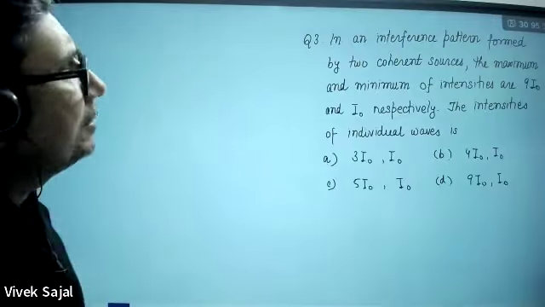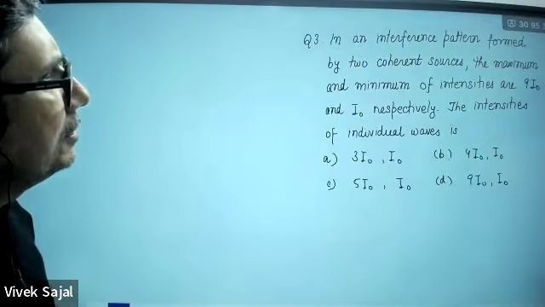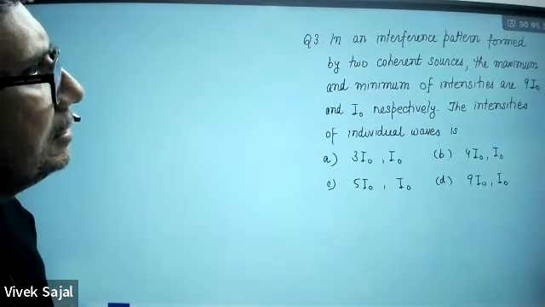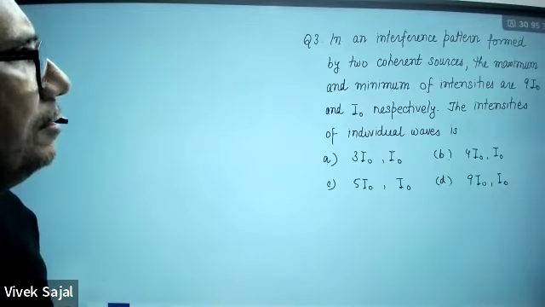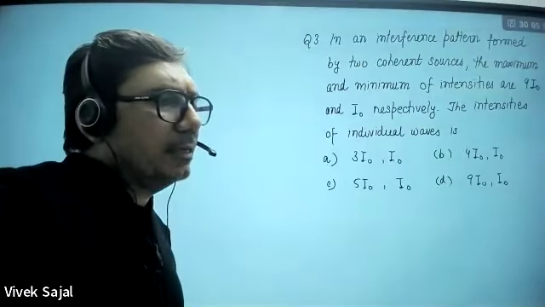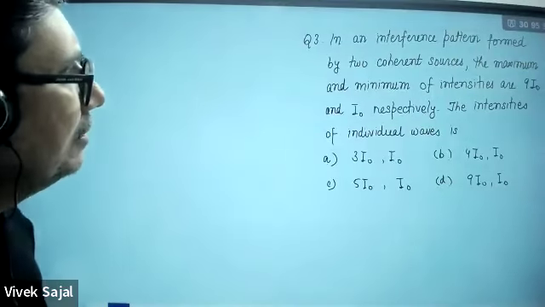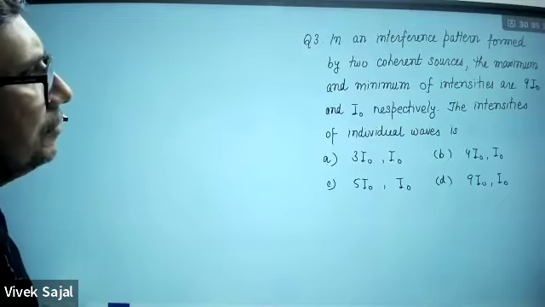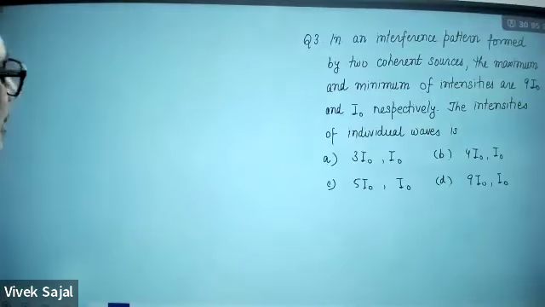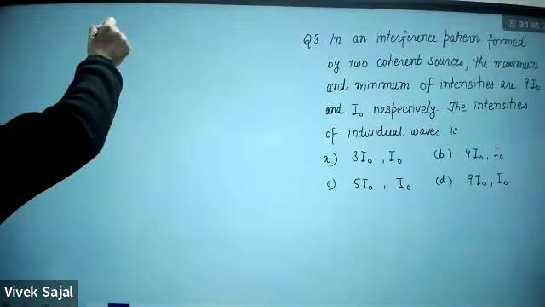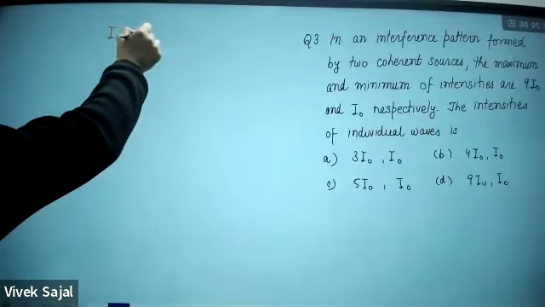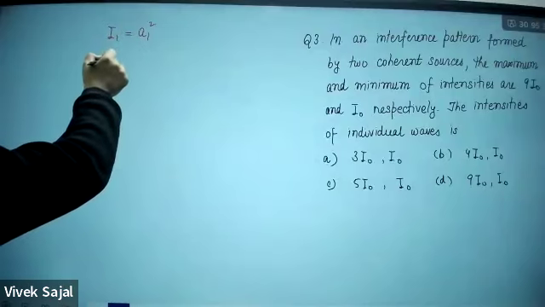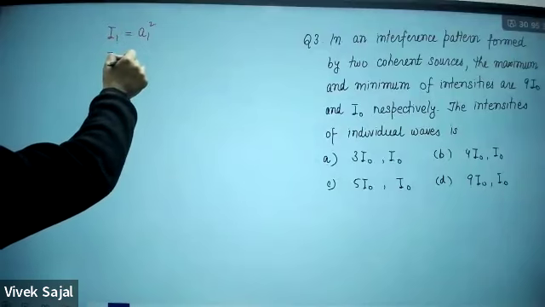In an interference pattern formed by two coherent sources, the maximum and minimum intensities are 9 I0 and I0 respectively. The intensities of the individual waves I'm assuming as A1 square and A2 square.